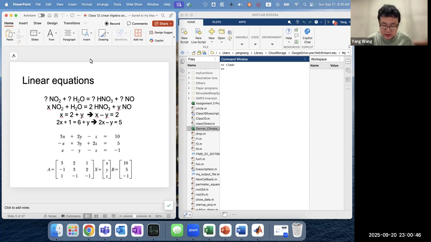Specifically, regarding how to solve sets of linear equations. So remember last class when we were saying that we could use fzero, right? But it's limited by the fact that it can only solve an equation that has one variable. And we can also use fsolve to solve a set of different equations, nonlinear or linear, but normally it takes longer time.